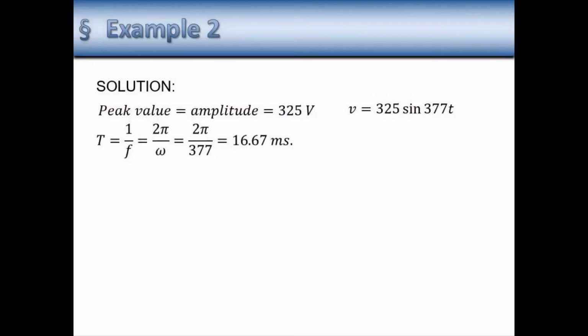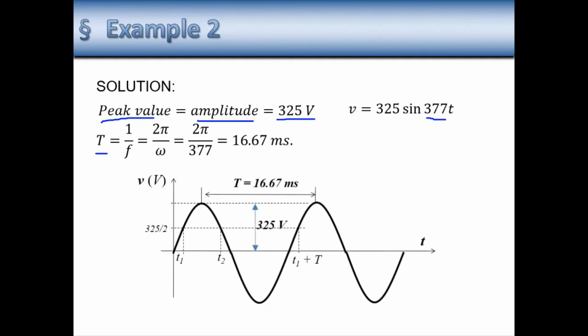So here is the solution. We know that the peak value is really just the amplitude of the sinusoid, so we have peak value equals 325 volts. And given the angular velocity, we can get the period, and that is equal to 16.67 milliseconds. So this is the waveform.